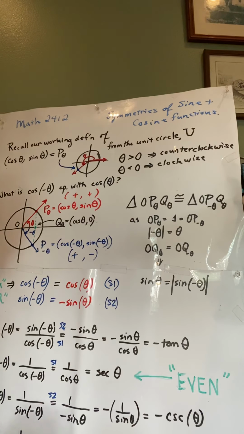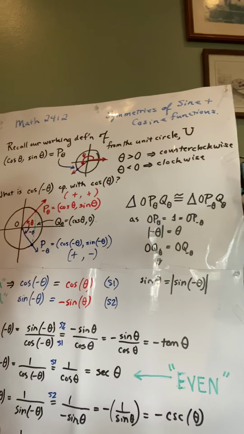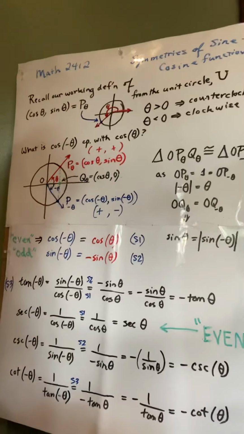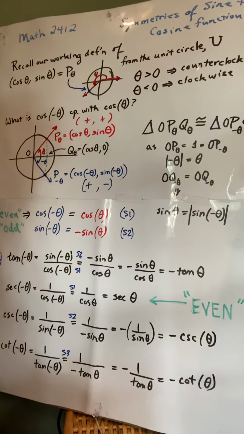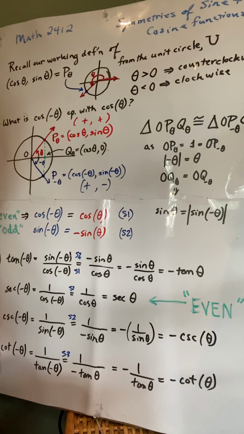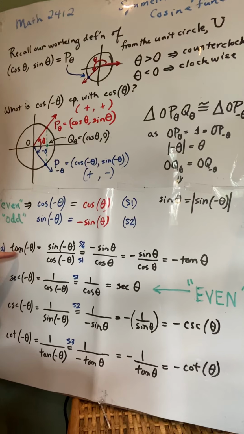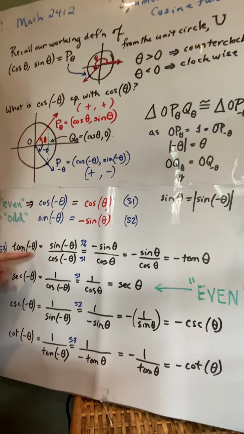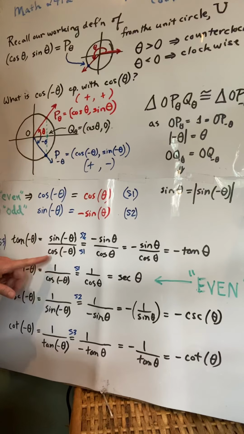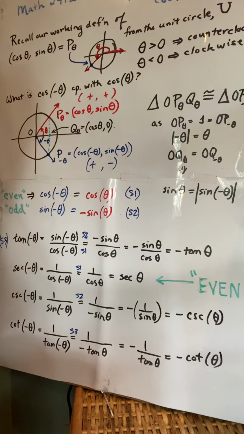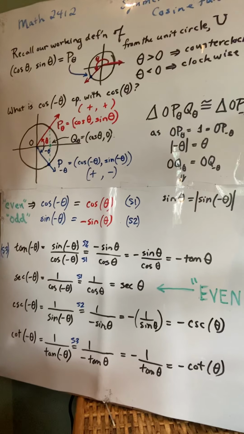However, now using what we know about the 4 other trig functions, you can go through using their definitions. So for example, the tangent of anything is equal to the sine of that angle over the cosine of that angle by our definition of the tangent.